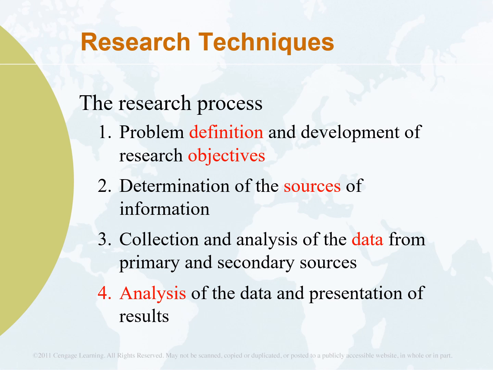Where do you get the data or the information? Do you want the primary data or secondary data? Third, collection and analysis of the data from primary and secondary sources. We'll get to that in just a minute. Primary data versus secondary data. And finally, analysis of the data and presentation of your results.